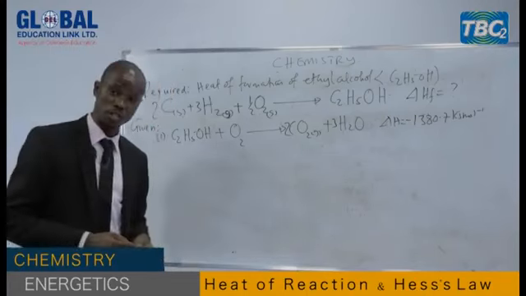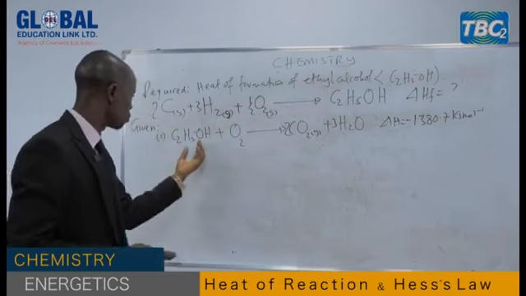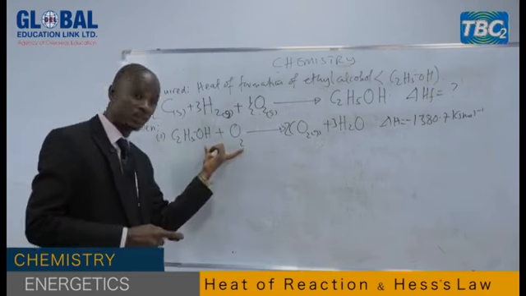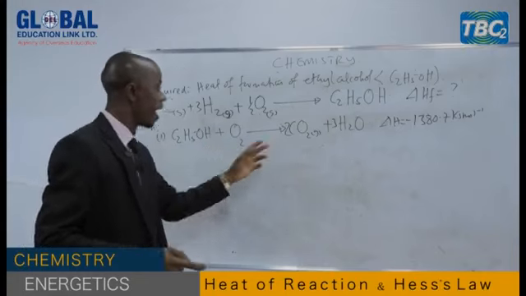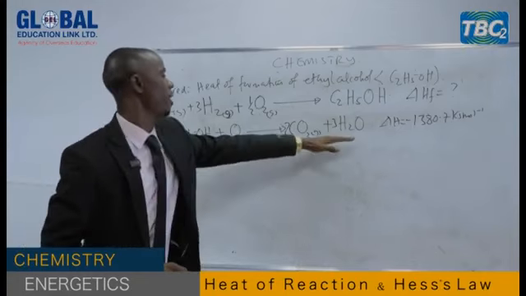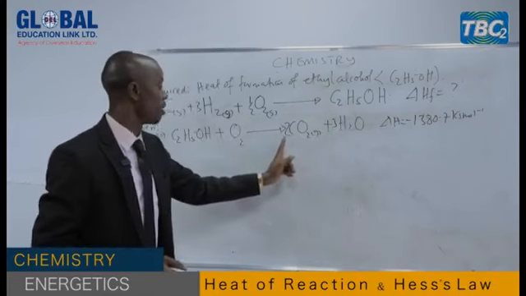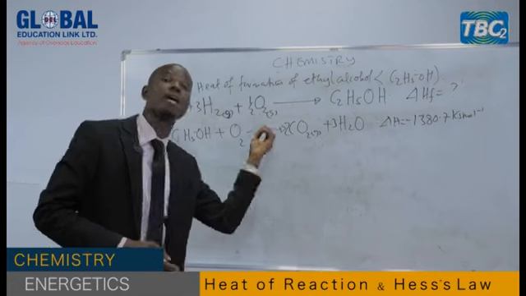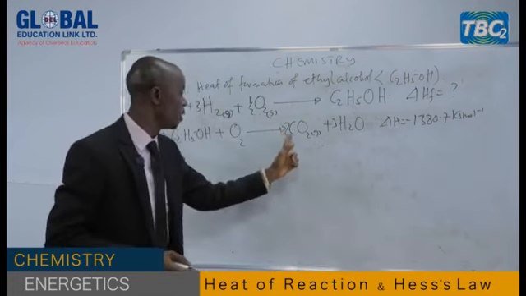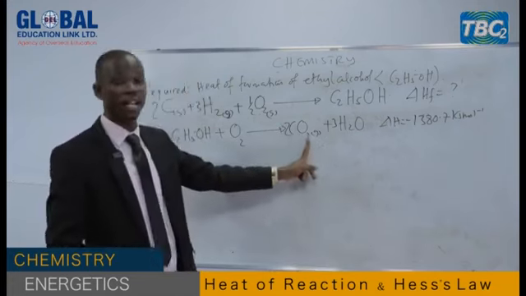For the case of oxygen, we have 3 oxygen atoms present on the left-hand side. And how many oxygen atoms are present on the right? We have 2 times 2, because the number before the formula multiplies everything. So we have 4 oxygen atoms.